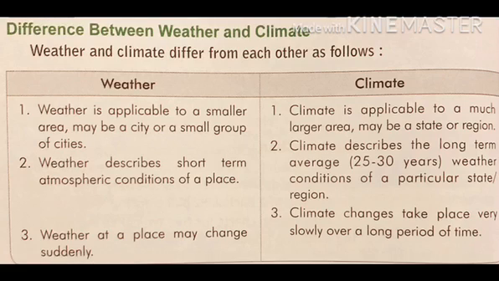Weather describes short-term atmospheric condition of a place, whereas climate describes the long-term average, 20 to 30 year, weather condition of a particular state or a region. Weather at a place may change suddenly, whereas climate change takes place very slowly over a long period of time.